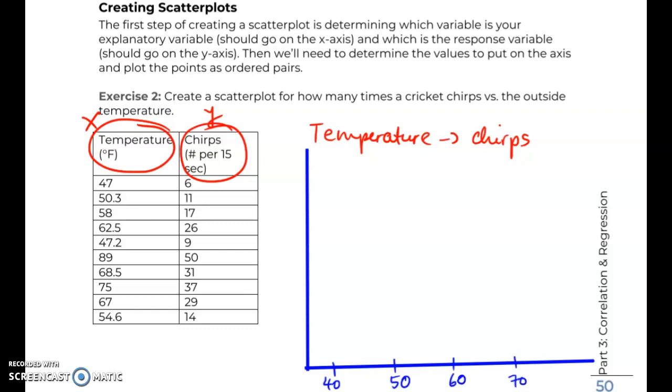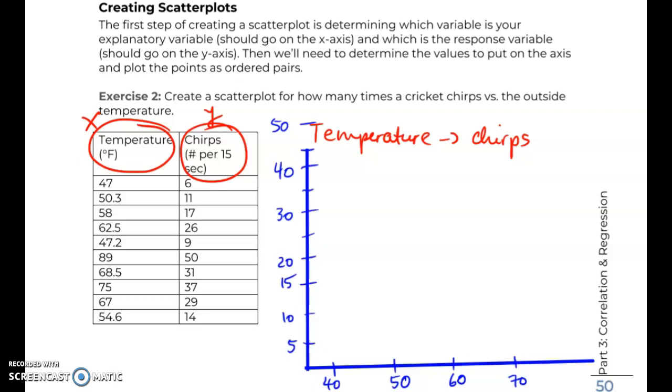And then the number of chirps gets as low as 6. So maybe we want to just do 5, 10, 15, 20, 25, 30 over here. All right, here we have 40, and up here would be 50. Didn't quite make that long enough.